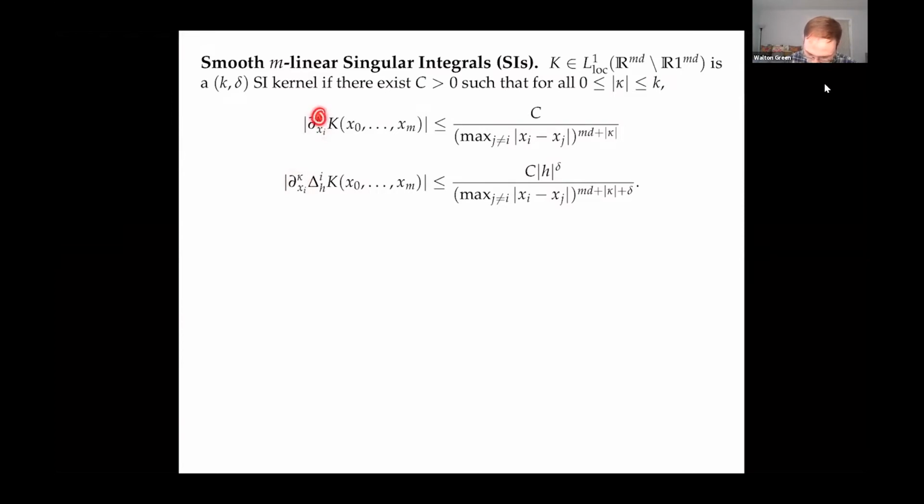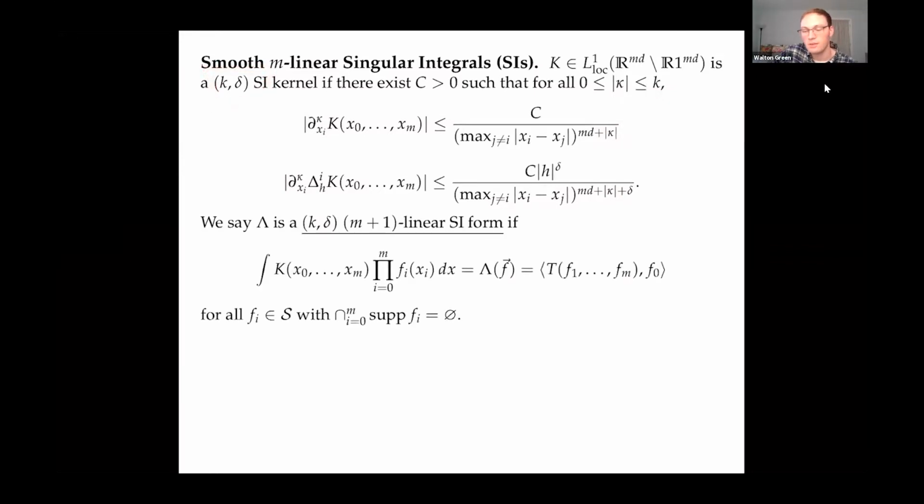So as we take a derivative of order kappa, we get extra decay of order kappa. And we can go all the way up to our total order of k. So that's what it means to be a k delta singular integral. And then we can have a singular integral form, which will be the product of all of these integrated against a kernel. And we'll interchangeably go between the form and the operator.